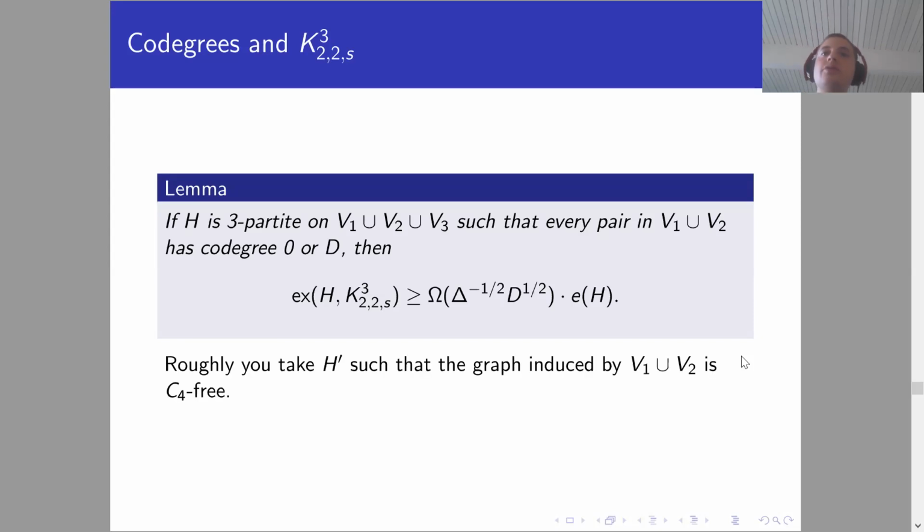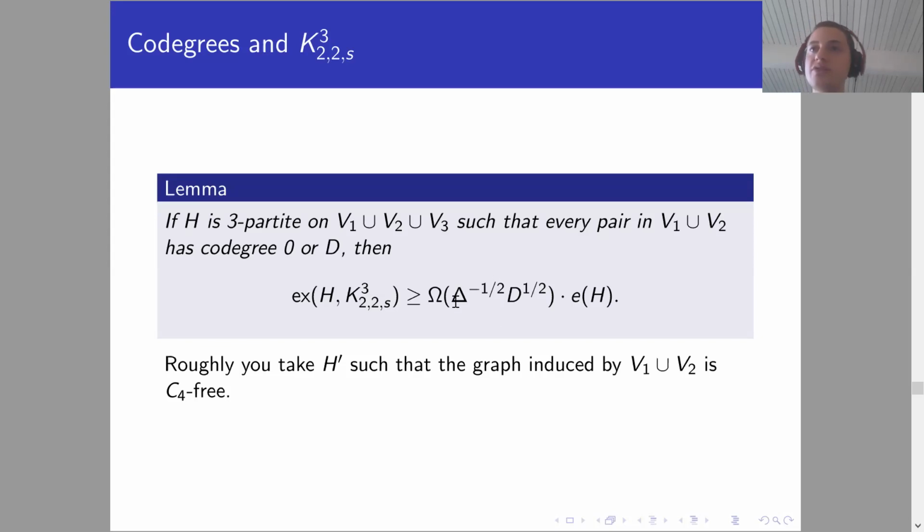I won't go through all the details here, but roughly the idea is you look at the pairs in B1, B2, and whether they have codegree 0 or codegree D, and you define a graph where the edges are those which have this large codegree. Then in that graph G, you can use results of Turan and Reed to find a large C4-free subgraph of this graph G. Then you can lift this graph, which lies in B1, B2, to all of H by just taking all the edges which contain each edge of this subgraph in H. Many words, but it's not too hard, technically speaking, to prove this.